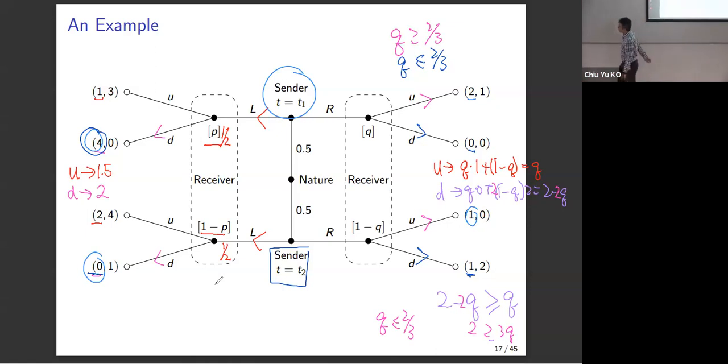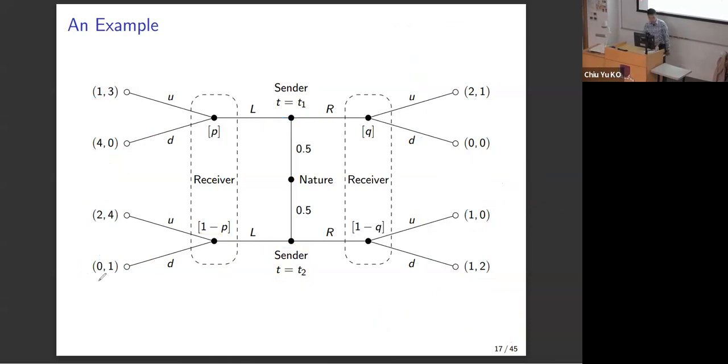Now we go to the other case. After this we will break, as I see that many of us are very tired. So let's look at this one. Q is 1/2.